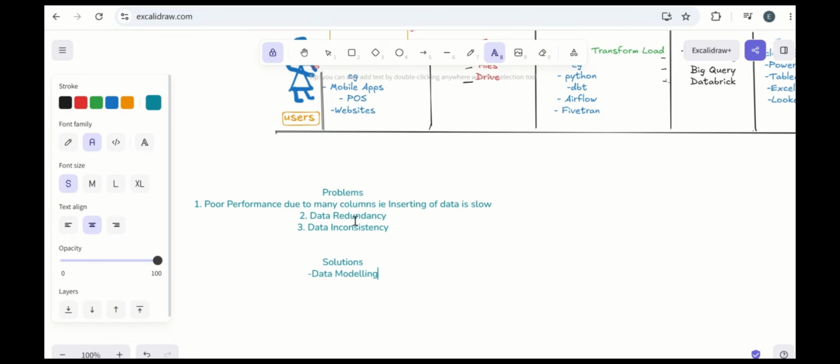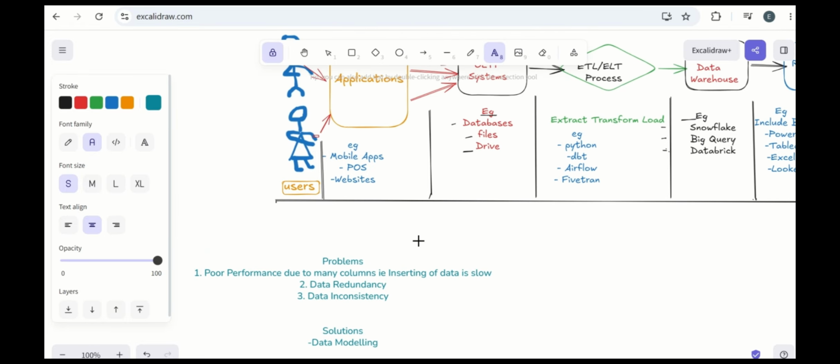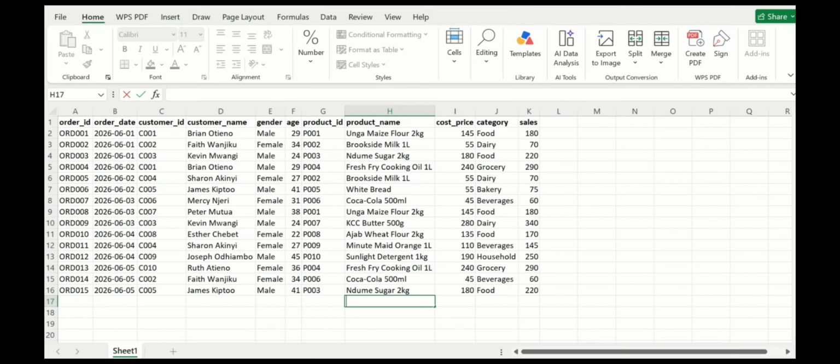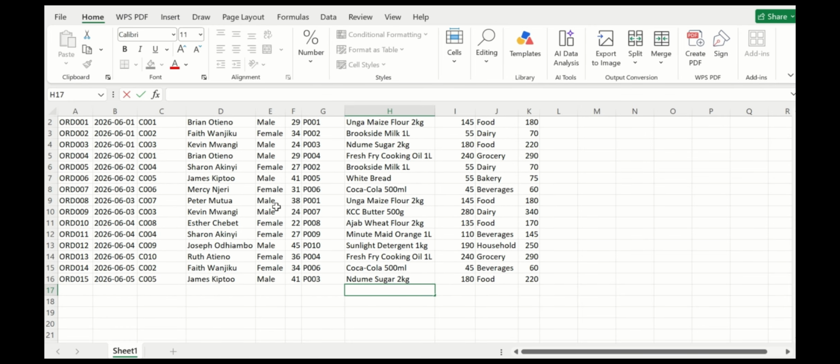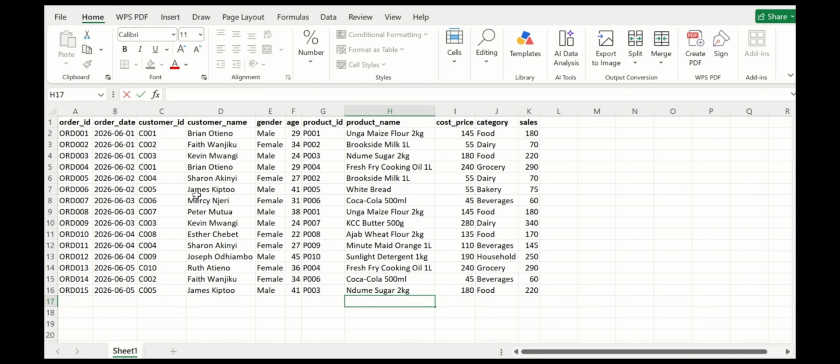So let's start building the data model of our data. So this is the main table, and if you look at this main table, it contains three entities. It contains the order details.